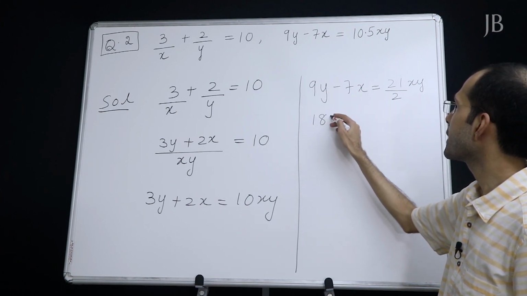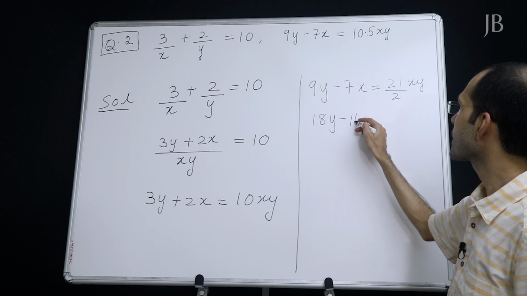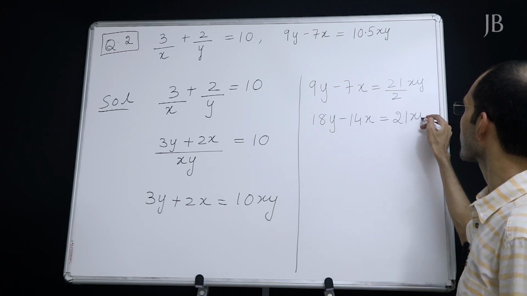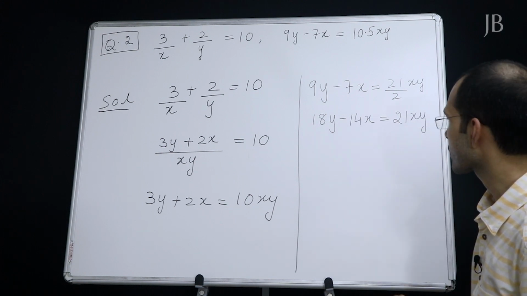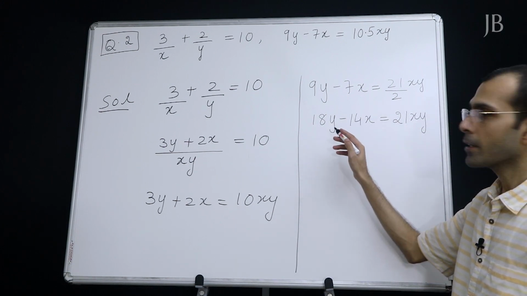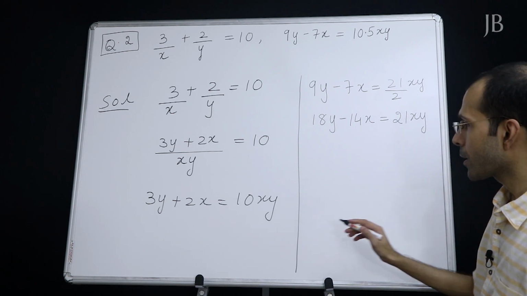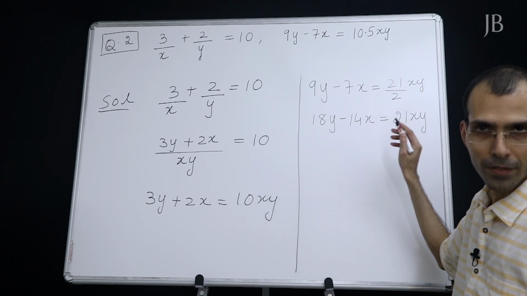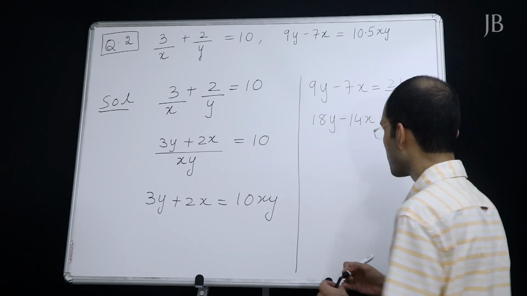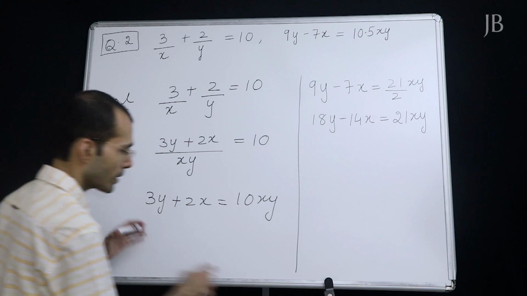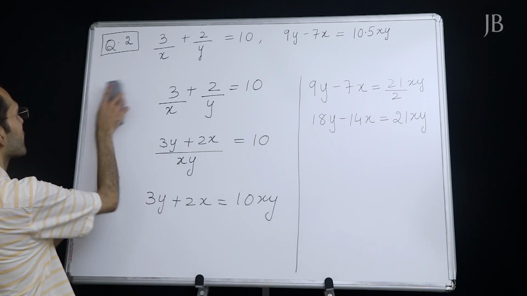So this will be 18y minus 14x is equaling 21xy. Oh, we have got a good equation. Fine, 18y minus 14x is 21xy. Now we have this equation, we have this equation. So what do we do? This equation we bring it here. Okay, wait, I will erase this.